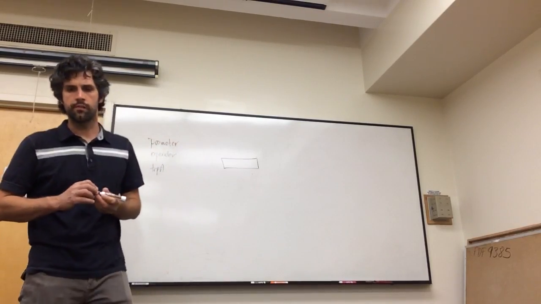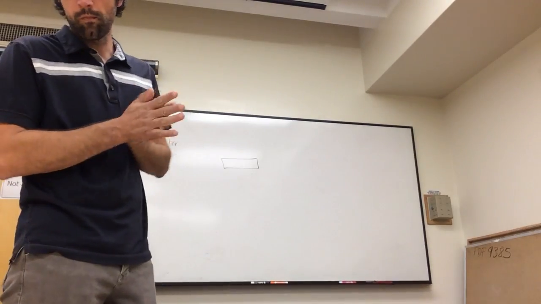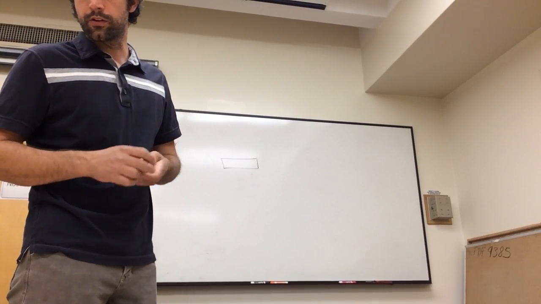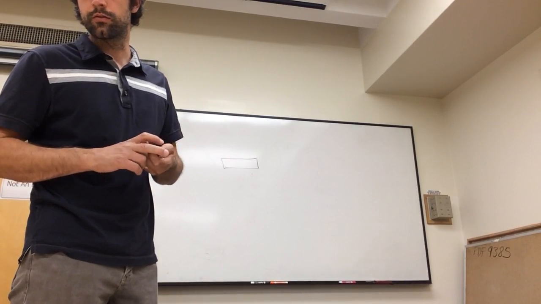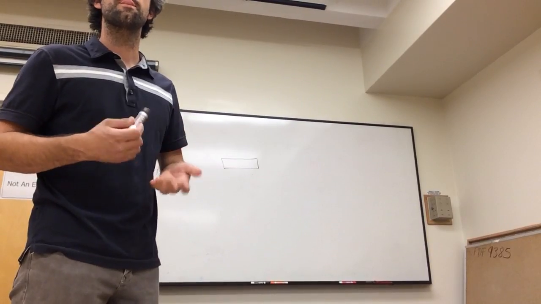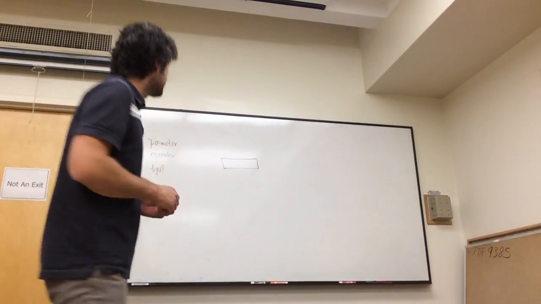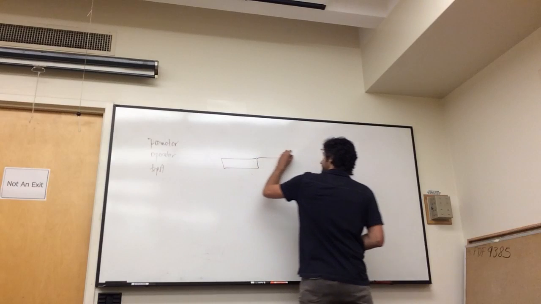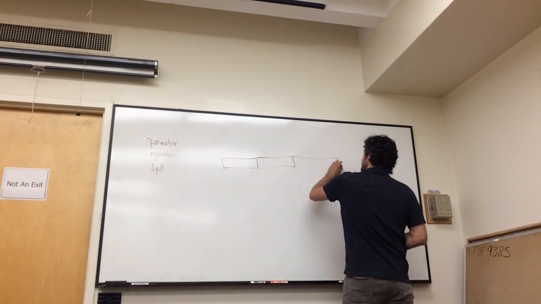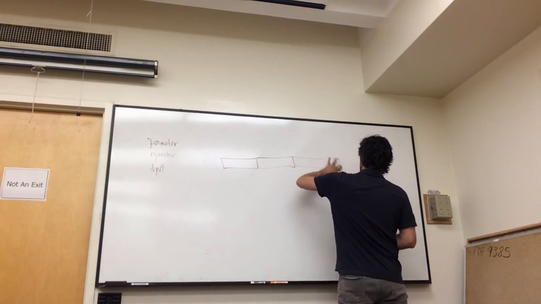So indicate where on the DNA the repressor protein binds when it is bound to tryptophan. So we have 3 boxes here.